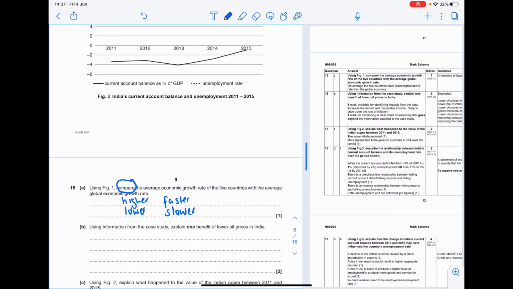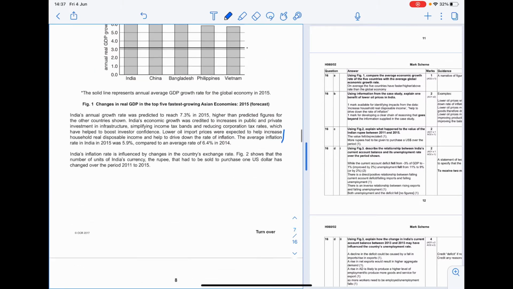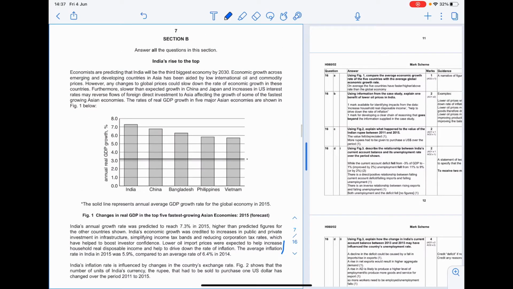So we're looking at the average economic growth rate of the 5 countries with the average global economic growth rate. That's figure 1. So these are the 5 countries. And then it says the solid line represents the annual average GDP growth rate for the global economy.